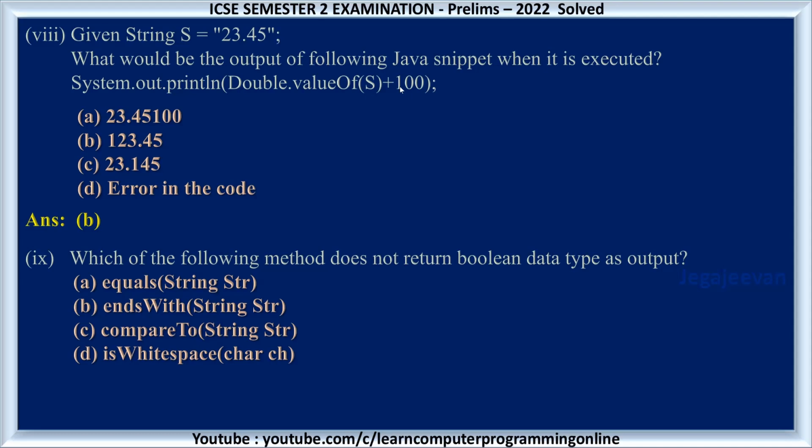Equals checks equality of both the strings and returns true or false, that is Boolean data type. EndsWith also returns Boolean data type, whether it ends with that particular string or not. CompareTo returns an integer. It compares in different ways. IsWhitespace checks whether it is whitespace or not and returns Boolean data type. So C is the answer.